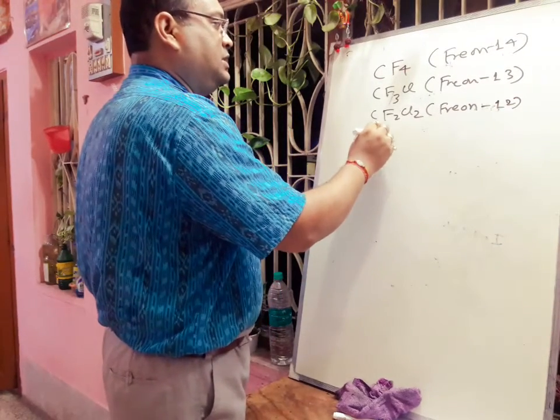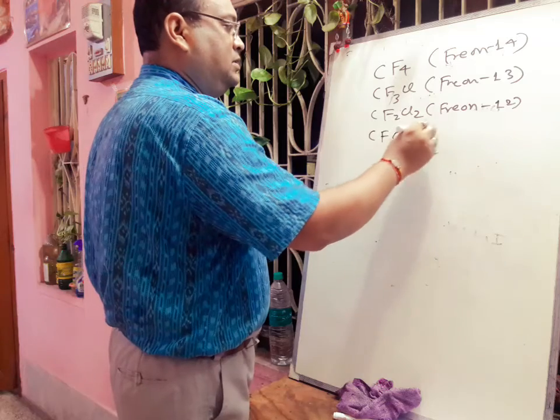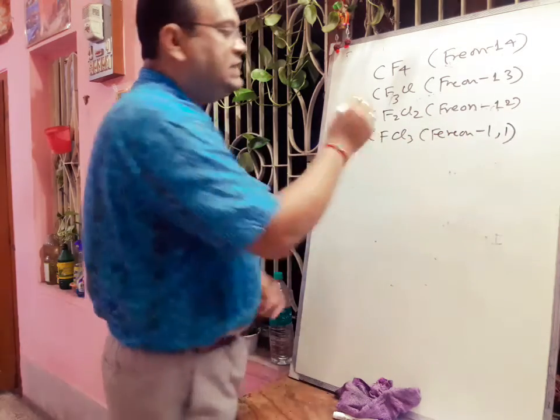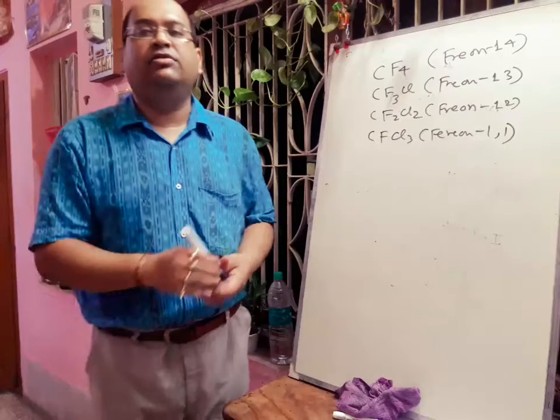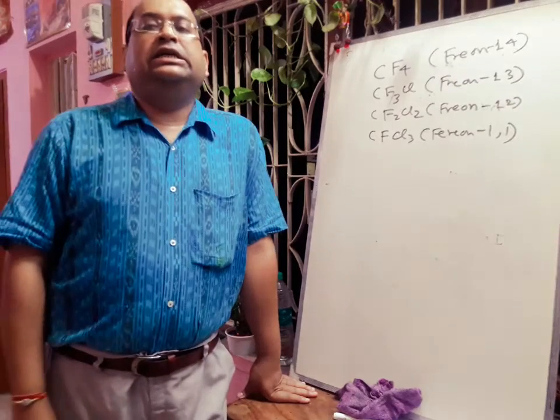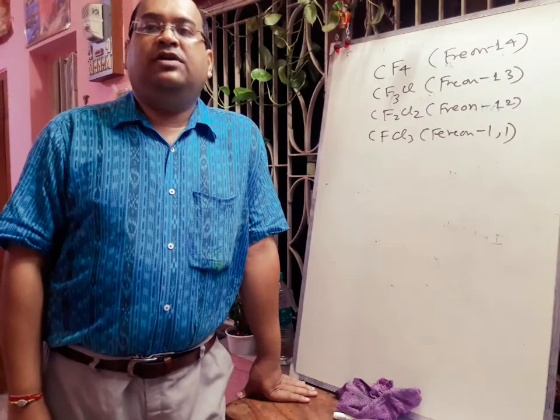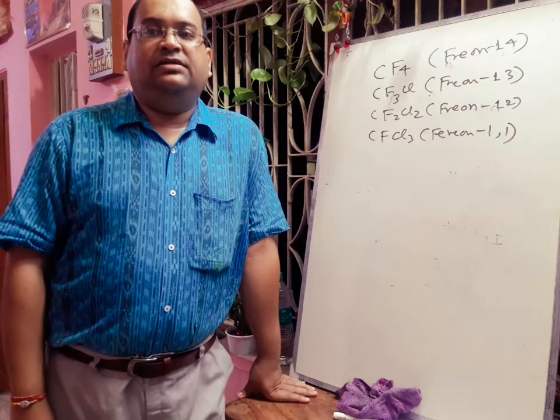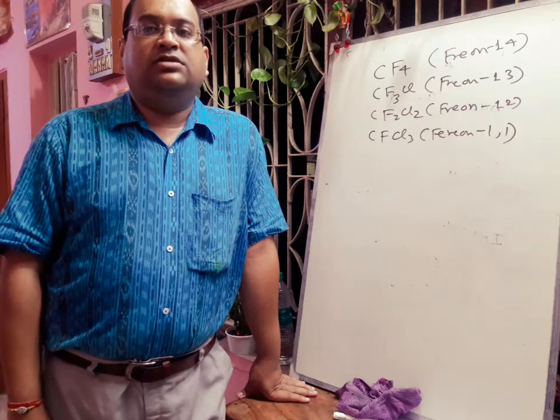Next one is CFCl3, that is freon 1,1. These are the structures of freons, so you can easily understand. Out of all these freons, freon 1,2 is the most widely used as refrigerant and propellant in aerosols.